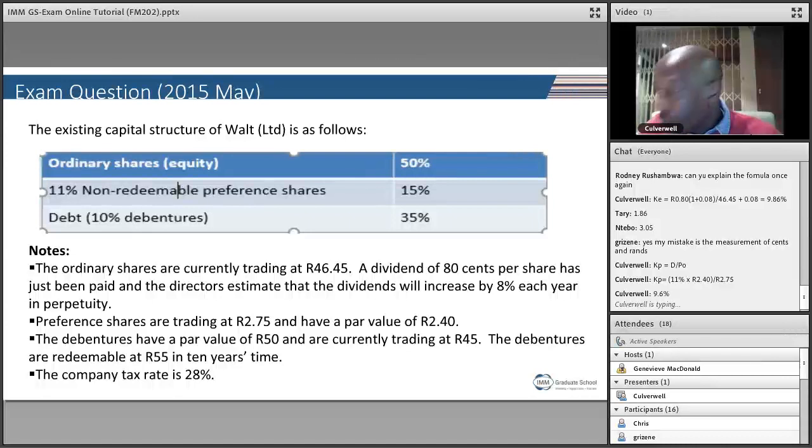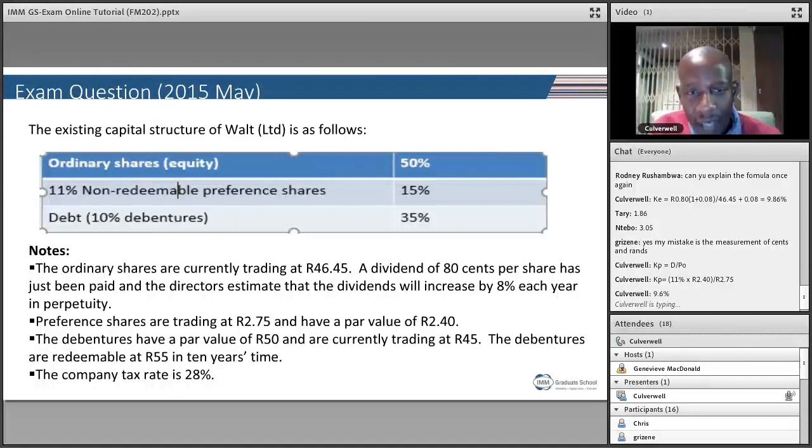So you're supposed to use the annuity principles. So you would say my PV, present value, you will say negative. I'll read the question one more time. The debentures have got a par value of 50 Rand and are currently trading at 45 Rand. Your present value, it will be your market price per share, 45 Rand.